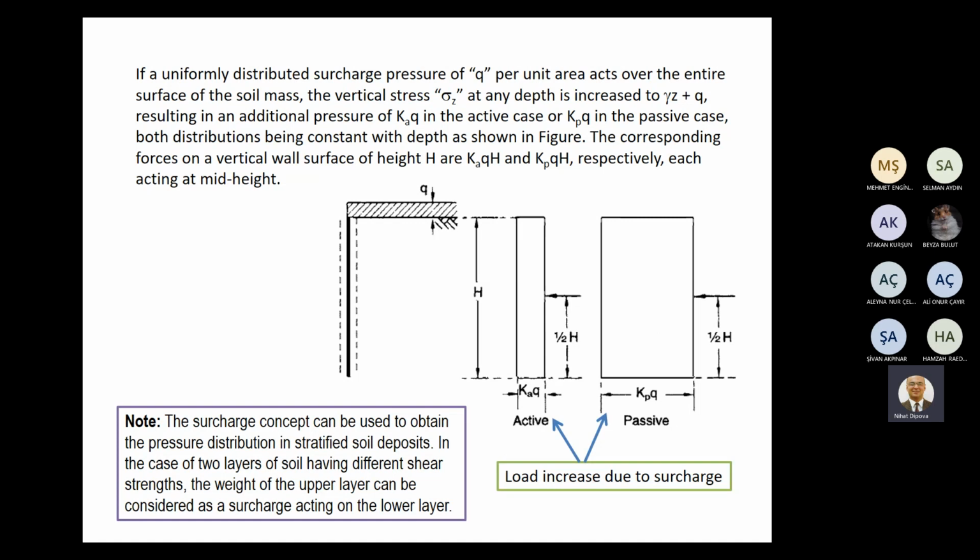If a uniformly distributed surcharge pressure of Q, as shown here, acts over the entire surface of the soil mass, the vertical stress sigma z at any depth is increased to gamma z, the stress due to the soil proportional to depth, plus Q, resulting in an additional pressure of KAQ in the active case or KPQ in the passive case.